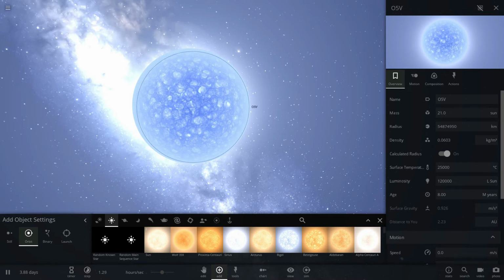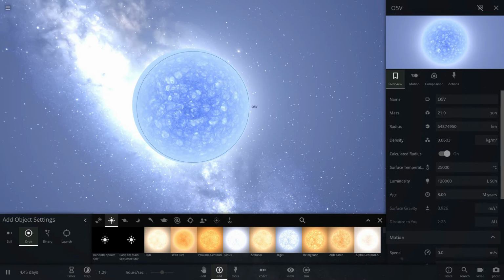I have no words for this type of star. Is that star expanding?